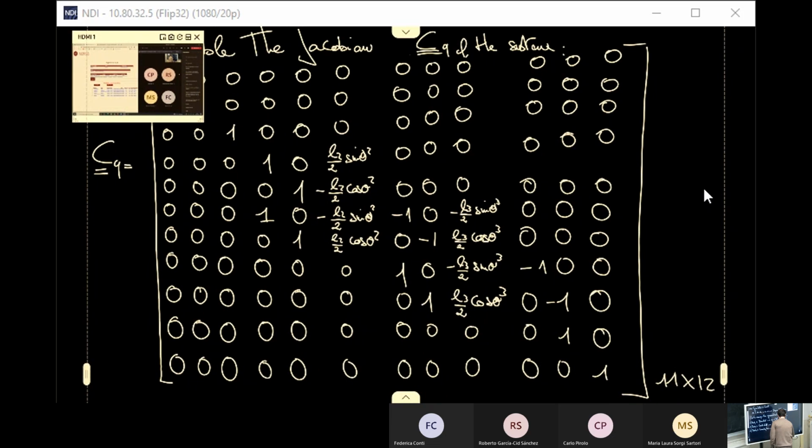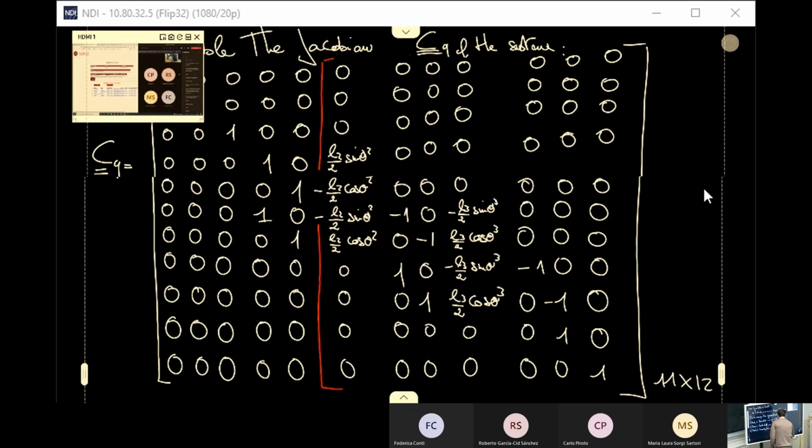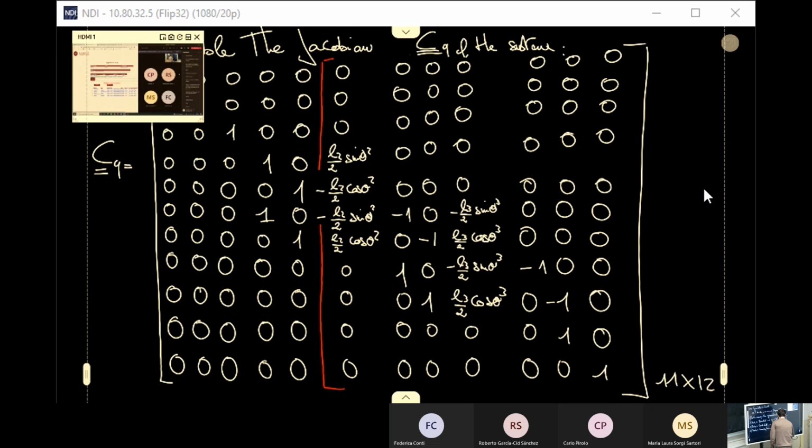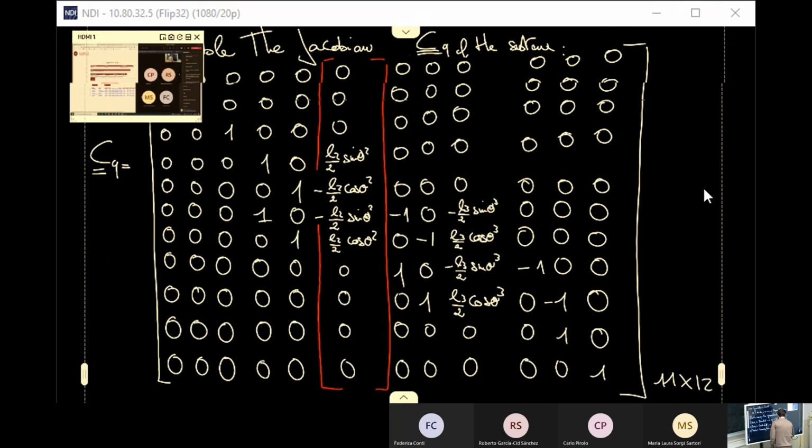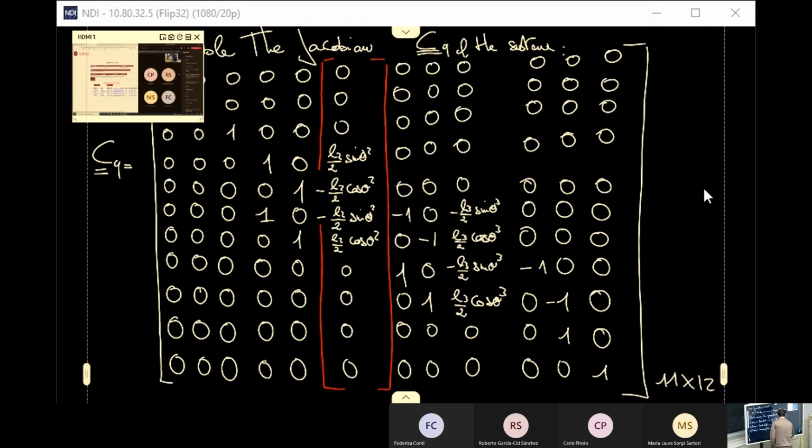This one, the sixth column, is therefore our CQI.